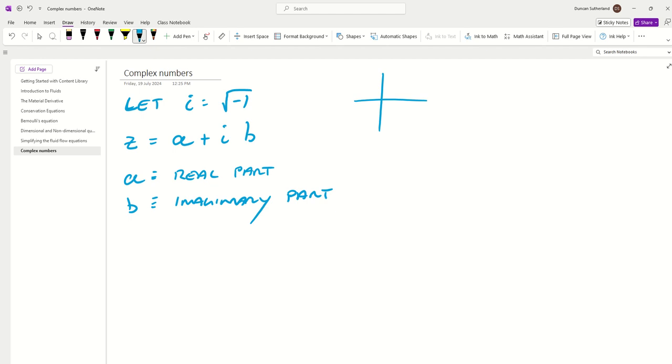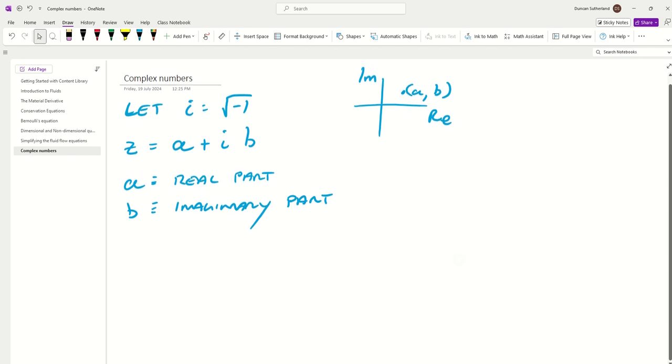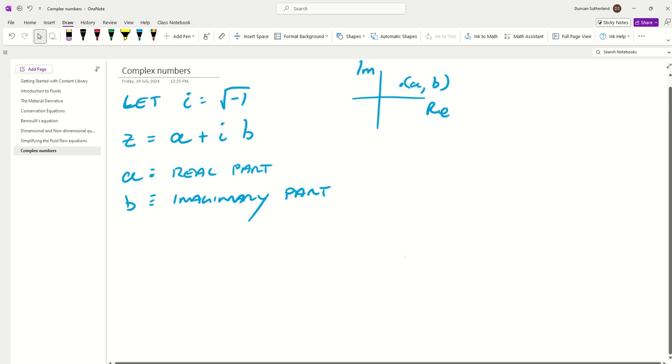And you can draw little pictures of them. So this is the real axis, it's the imaginary axis, and you've got a, b there, right? That's all first year stuff. If you're still wondering about it, go back and revise Math 1.8.